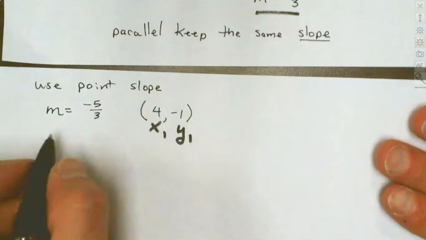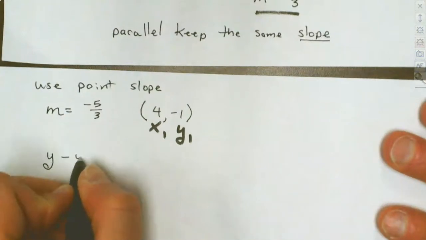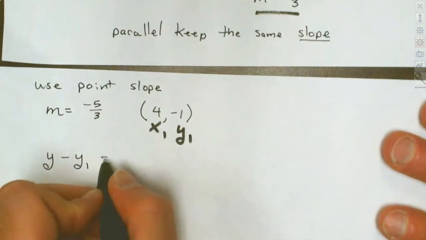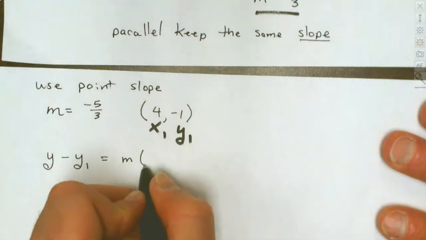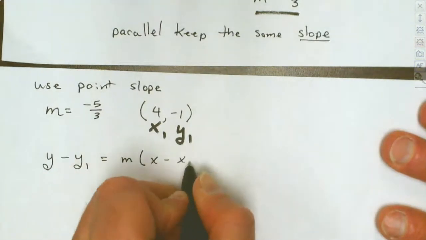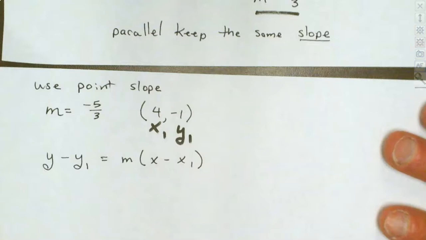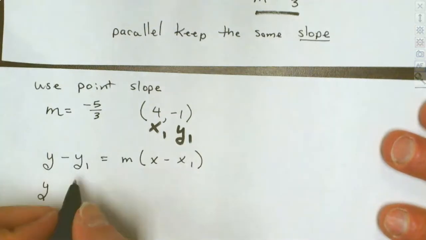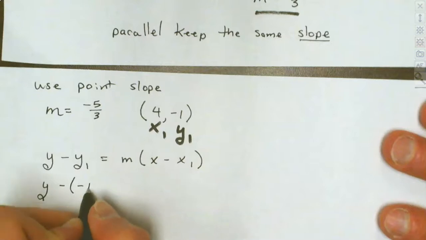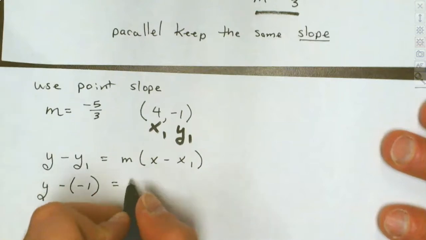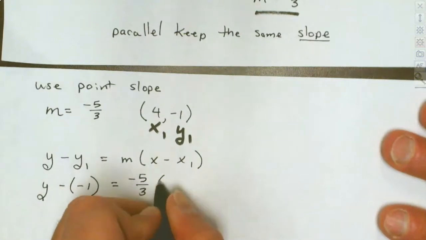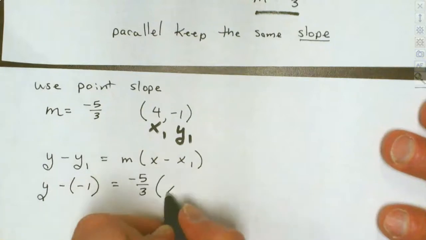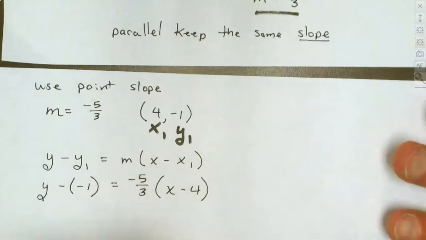So now we're going to use point slope, which is y minus y1 equals m times x minus your x1. We fill it in, and so we've got y minus, or minus 1 equals minus 5/3 times x minus 4.